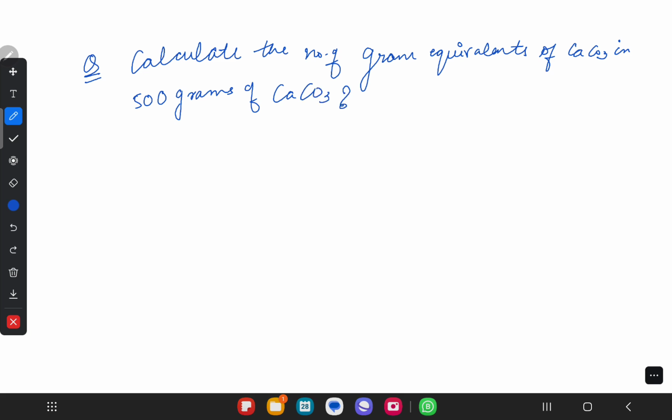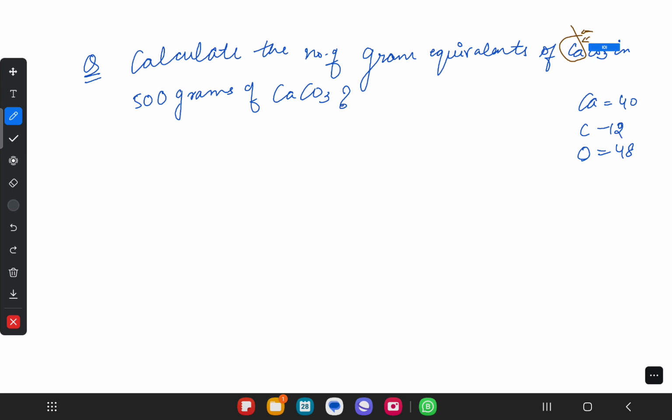How would you solve this? What is the mass of Ca? Calcium is 40. 40 plus 12 plus 16 times 3 is 100. 100 over 2 is 50. Why 2? Because calcium has a +2 charge, so 2 electrons are getting moved.